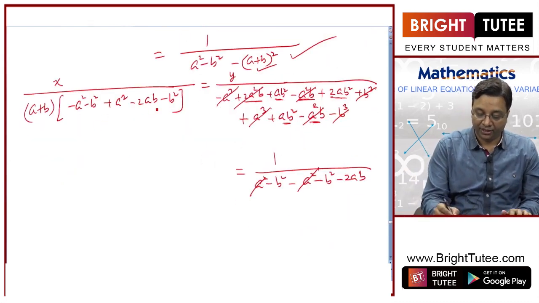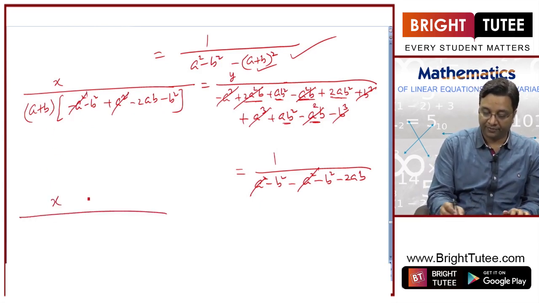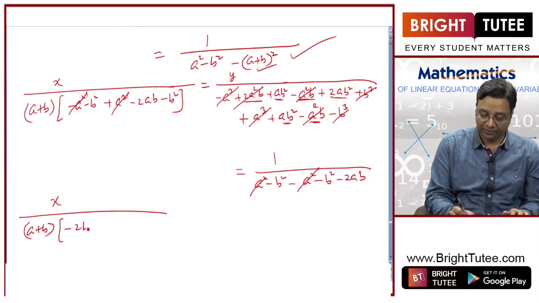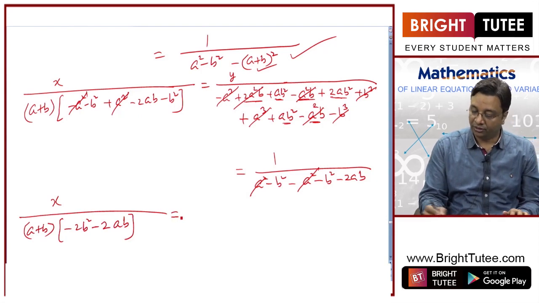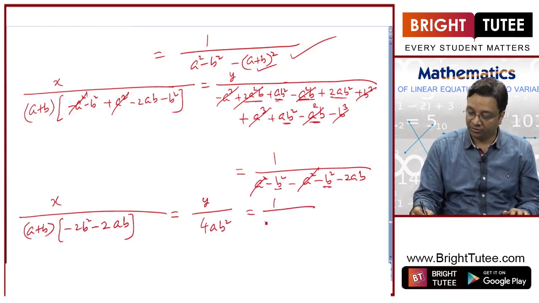And here if I cancel a square with this a square, let me see, x divided by, this is a plus b into minus 2b square minus 2ab, it is equal to y divided by, this is 4ab square, and it is equal to 1 divided by minus 2b square minus 2ab, right?